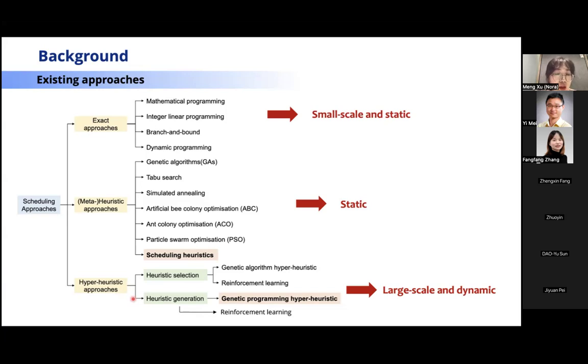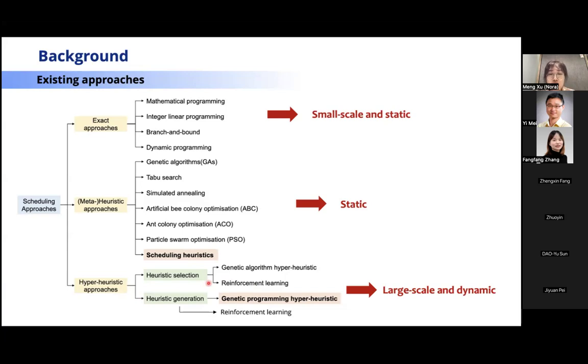which can perform better than the manually designed scheduling heuristics, and which include heuristic selection and heuristic generation. For heuristic selection, genetic algorithm hyper-heuristic is one type. Reinforcement learning can serve as both heuristic selection and heuristic generation.